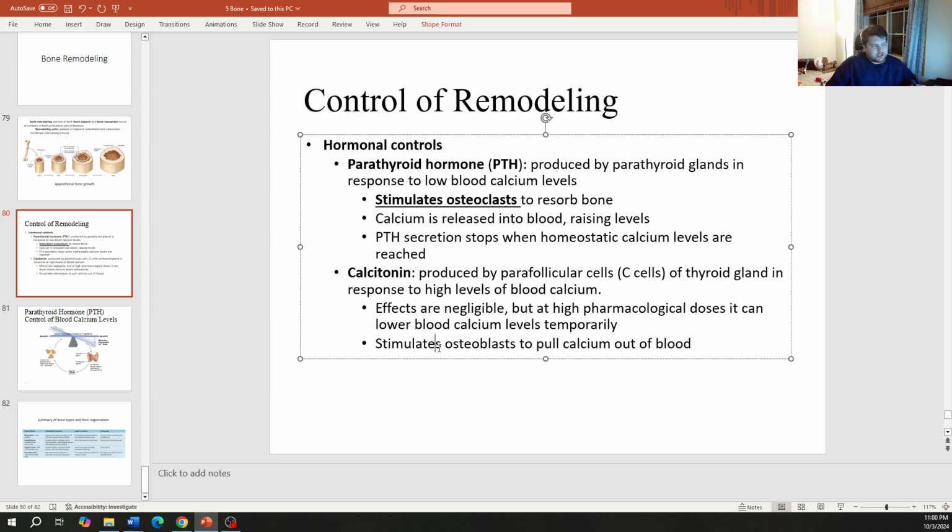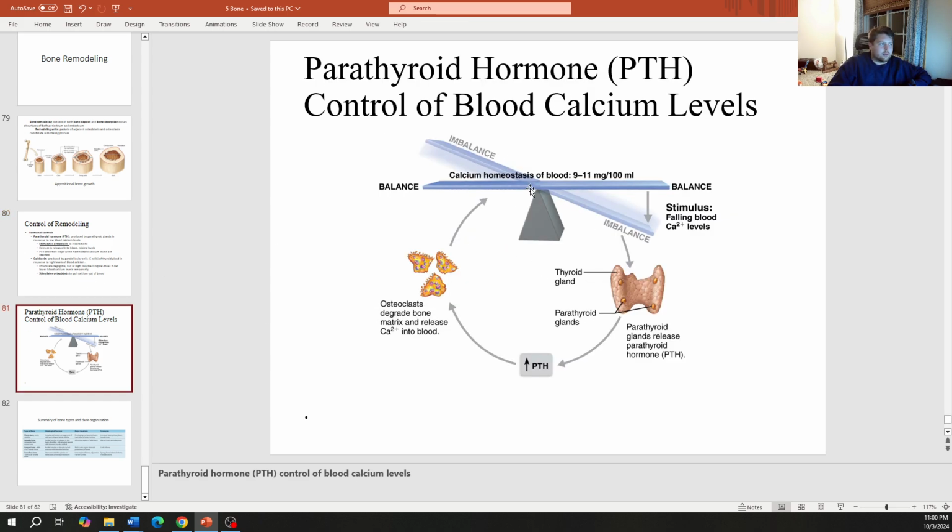And this one is going to stimulate the osteoblasts to pull calcium out of the blood and build the bone back up. It's not as big of an effect as the PTH, the parathyroid hormone, but it still does this part of it. So here we have the control of it all.